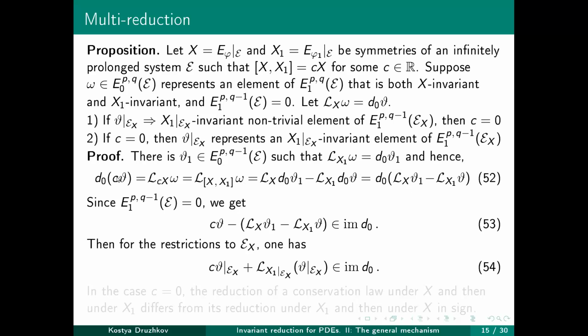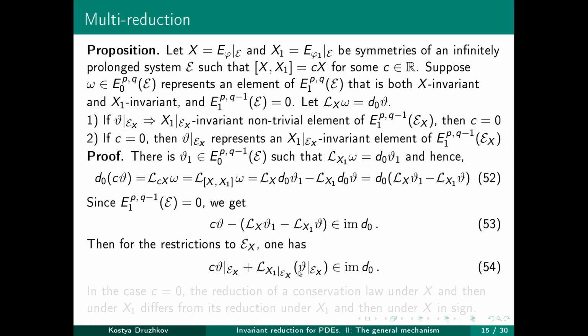So on the left-hand side, we have d0 of something. On the right-hand side, we have d0 of something. Since there are no homologies in this term, we get the following relation. The difference between the left-hand side and right-hand side must lie in the image of d0. Let us restrict the difference to the system epsilon x. Then we get the following situation. This term vanishes, and we have only two terms on the left-hand side: c multiplied by the restriction of this theta to epsilon x, and this term.